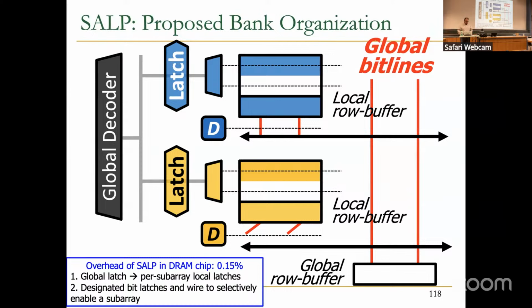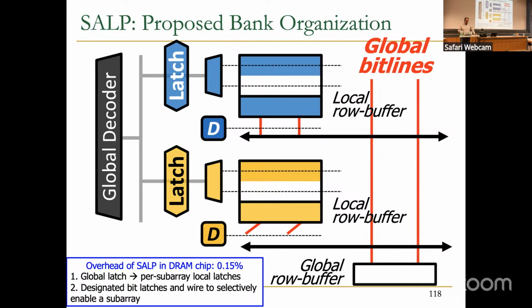So the overhead of SALP in the DRAM chip, based on our estimation, was around 0.15%. But this is actually a bit higher, maybe something around 2%. If you are not careful in designing, it might be a bit more. But overall, it's not a high overhead technique, so this can actually be implemented.